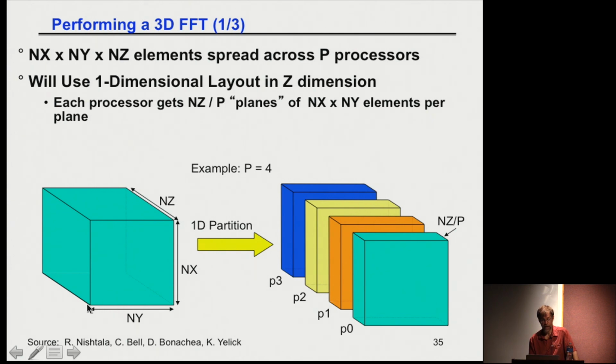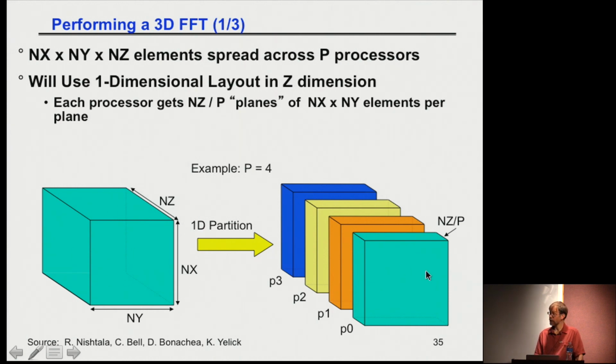I will have FFTs of length ny, nx times nz of them, in that direction, and FFTs in the z direction, nx times ny of them. Here is the simplest 1D layout that I'm going to start with, and I'm going to have to change this layout to make it run faster. Let's suppose I have 4 processors, all color-coded, and each processor gets a quarter of these XY planes.